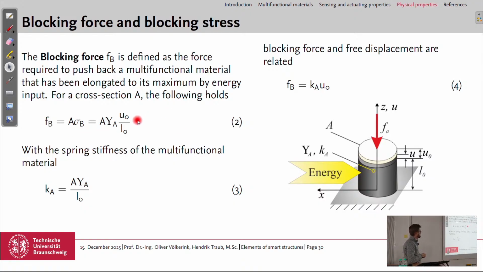And you have then the strain U0 divided by L0. And we can also define a spring stiffness of the multifunctional material, Ka, which is the cross-section times the Young's modulus divided by the initial length. And therefore, you can relate blocking force and free displacement with this spring stiffness: Fb equals spring stiffness Ka times U0.